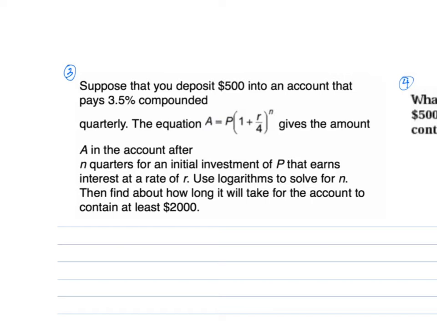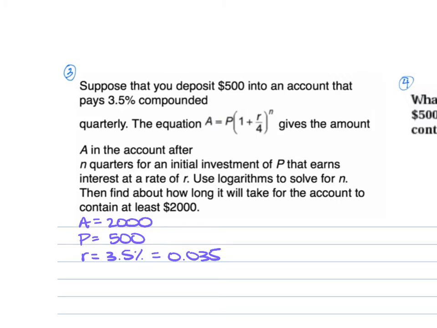So our A here is going to be that 2,000. Your P is the amount that's invested, which is the 500. Your r is your rate, which is 3.5%, which is 0.035.